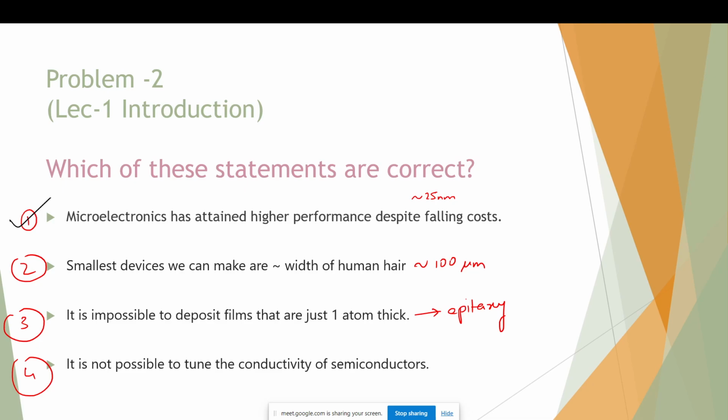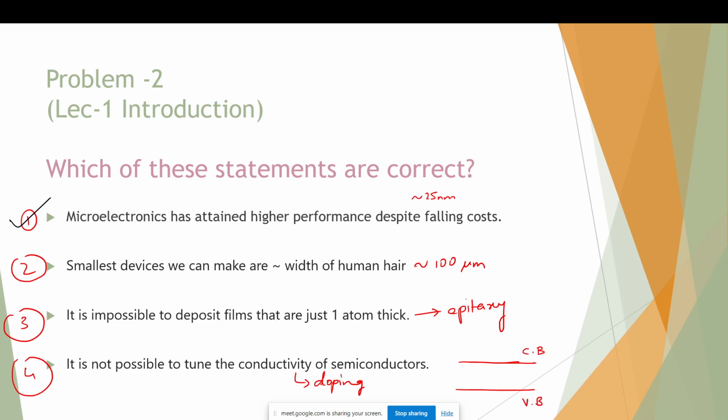Now, it is not possible to tune the conductivity of semiconductors. This is obviously not true. We all know about doping, right? Silicon is a semiconductor, and intrinsic silicon, say, has a band gap of something like this. This is the conduction band. This is the valence band.